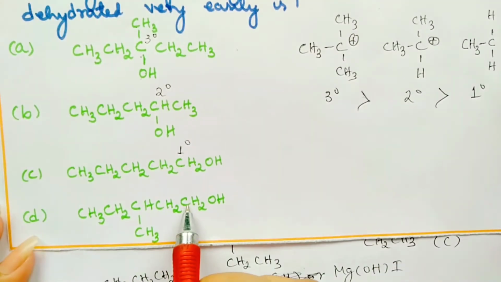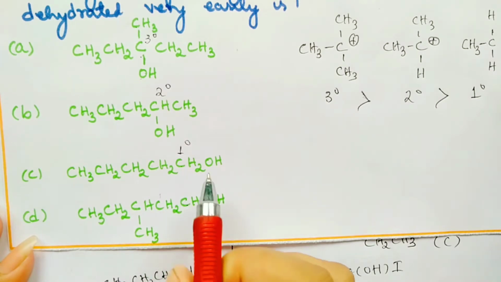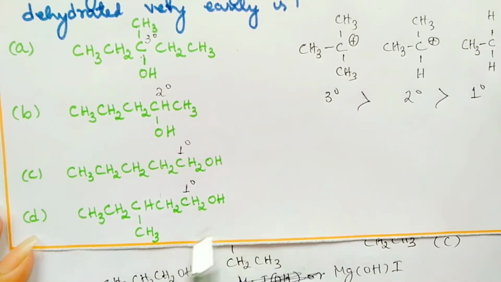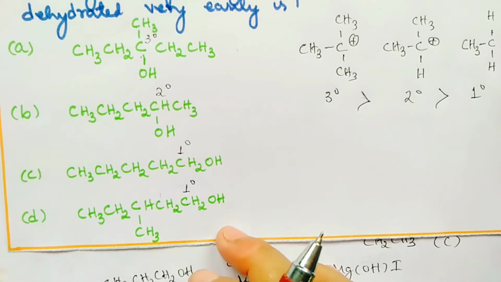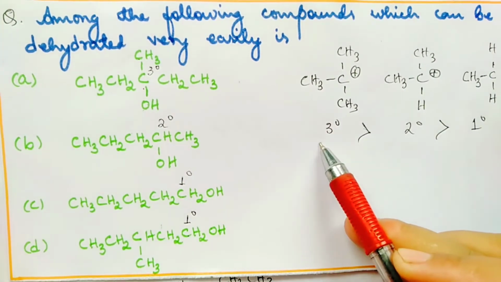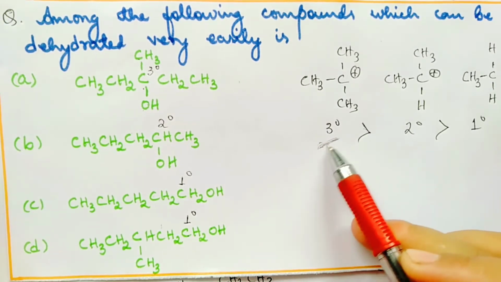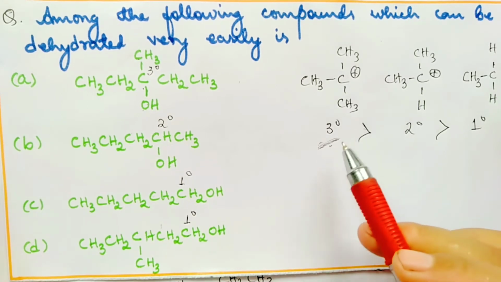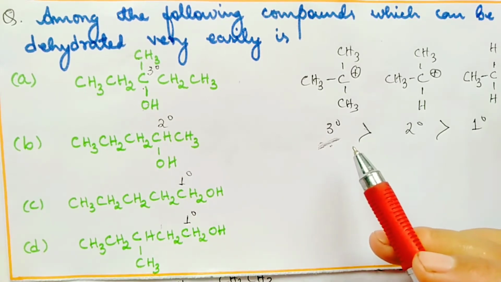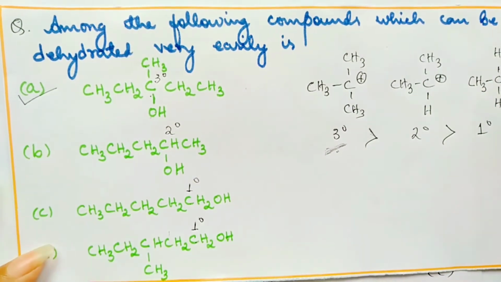And here, this is bonded to this, so this one is a primary carbon atom. I've told you that the more stable the carbocation, the more easily the alcohol will be dehydrated. So in this case, this is the correct answer.